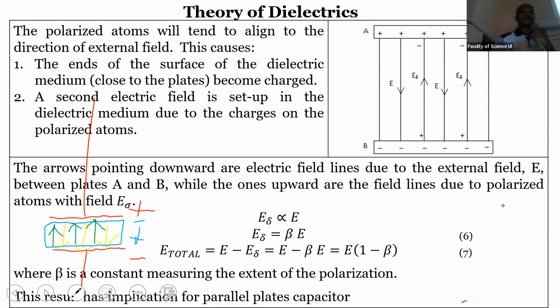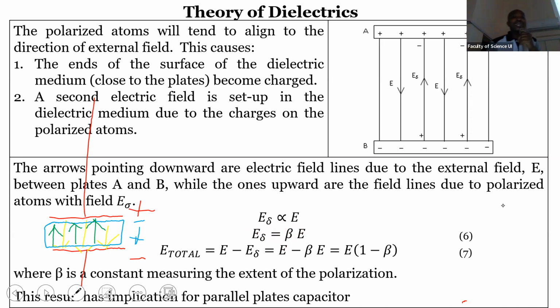The electric field E delta is directly proportional to E. And as usual, we introduce a constant of proportionality, beta, and we have equation 6.